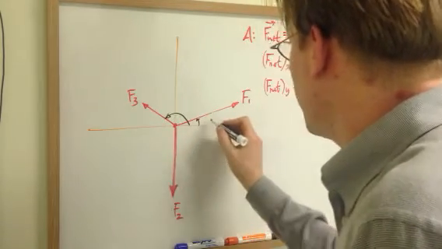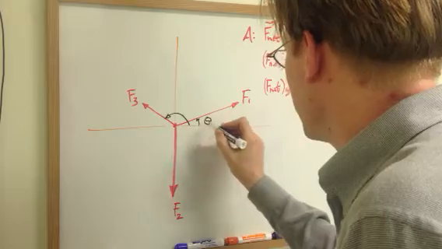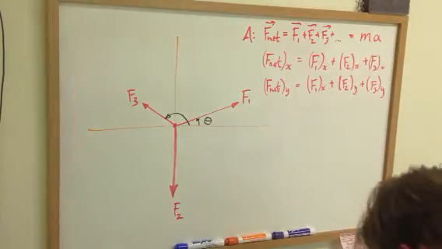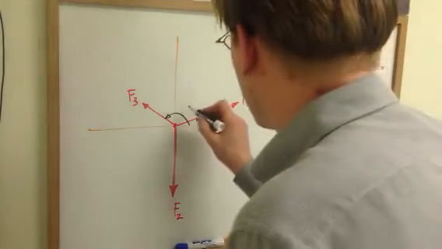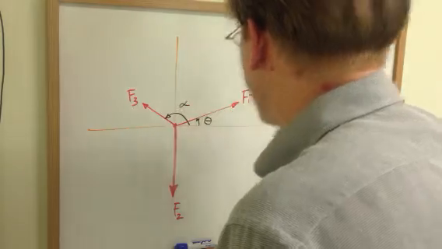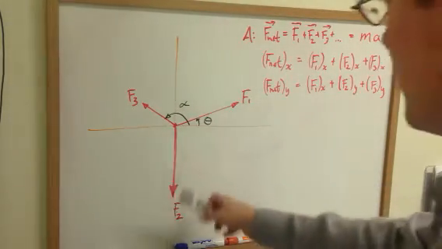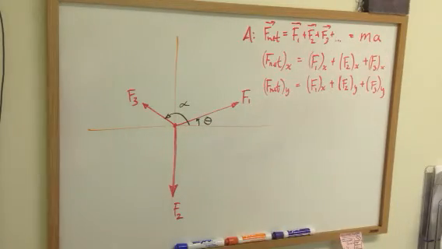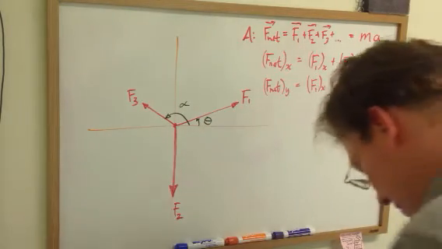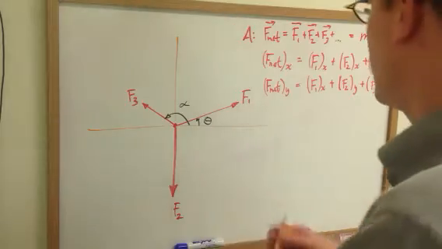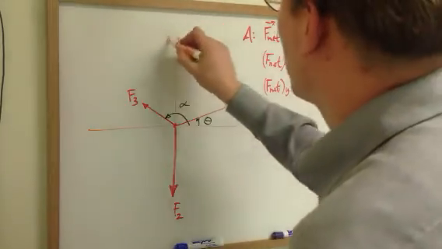In this case, I'm going to assume I'm given two angles. Here's theta, and here's some other angle, alpha. I think you're given both of those in your homework. And then there's one vector which lies right on an axis, which you're supposed to know what that angle is.